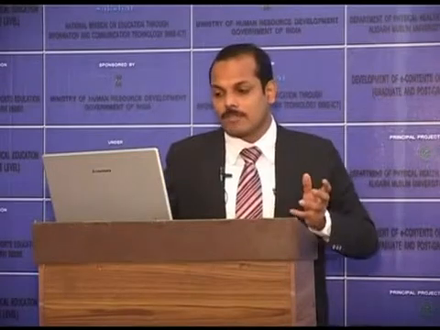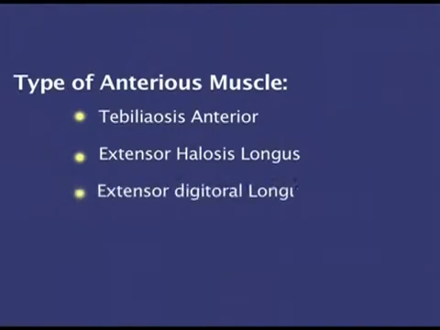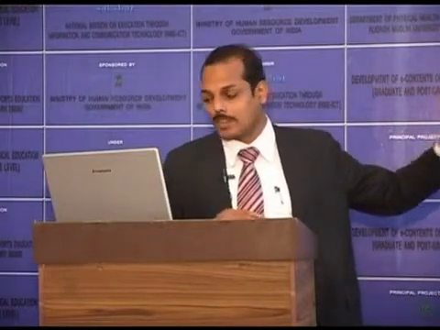So that is dorsiflexion, and the muscles which cause dorsiflexion, that is the dorsiflexors, are tibialis anterior, extensor hallucis longus, extensor digitorum longus, and peroneus tertius. These are the anterior muscles, and contraction of these muscles causes dorsiflexion of the ankle joint, or talocrural joint.